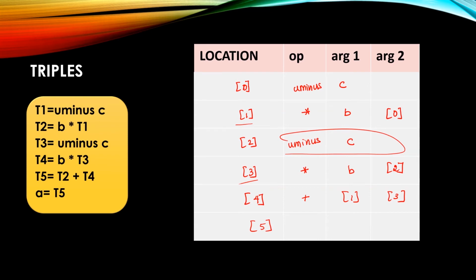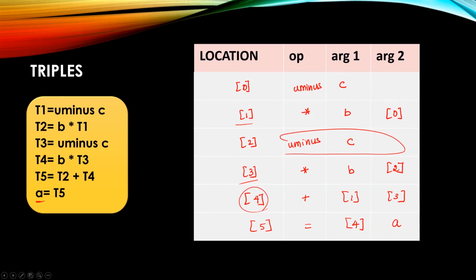Next, last statement is stored in the location 5. So what is the operator? Assignment operator. And where is the result of T5 stored? It is stored in the location 4. You just mention 4 alone. And where does it have to be assigned?